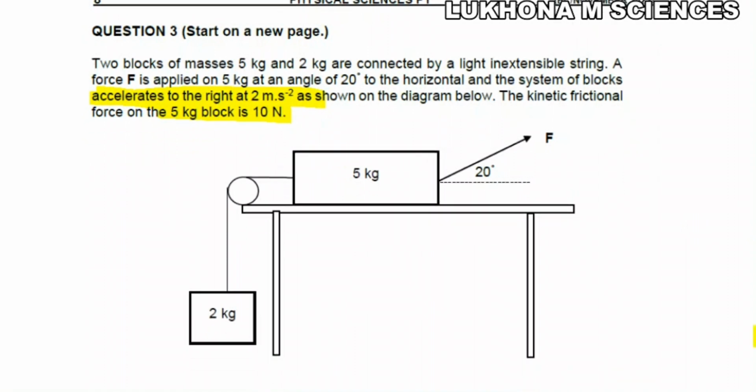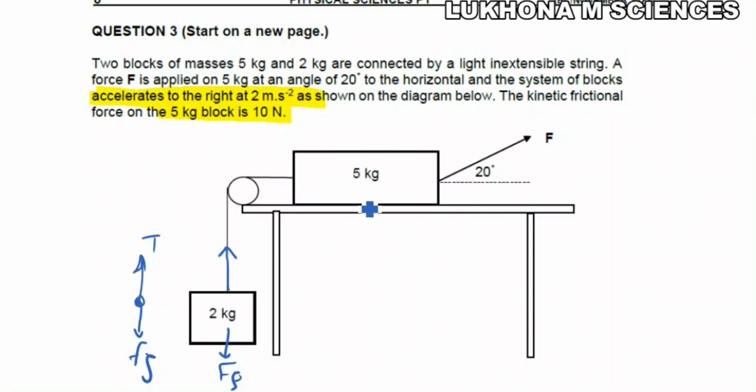So the best way is to first draw the free body diagrams. On the free body diagram of the 2 kg block, there is a tension going up. We also have the weight of the 2 kg block, that is Fg.